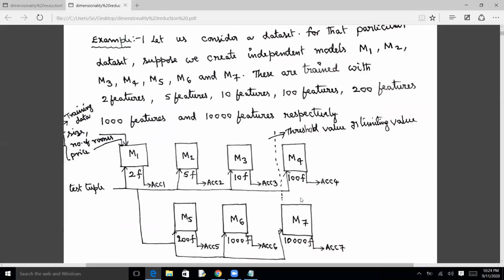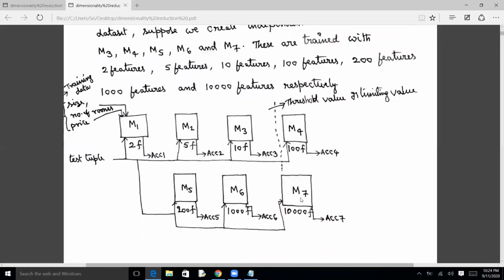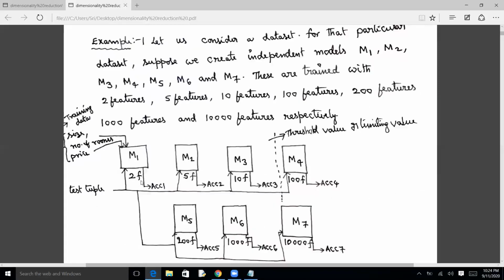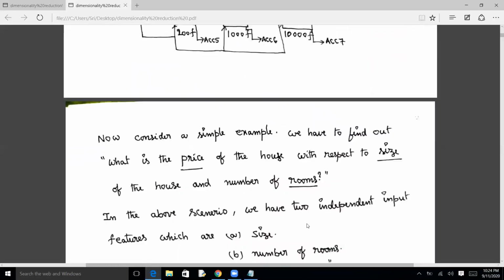Now I am going to train model M1 with 2 features. Let us consider a simple example. We have to find the price of the house with respect to the size of the house and the number of rooms.